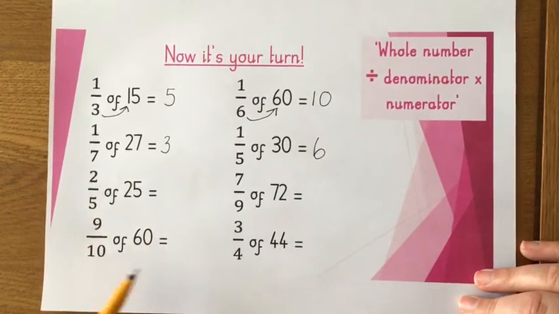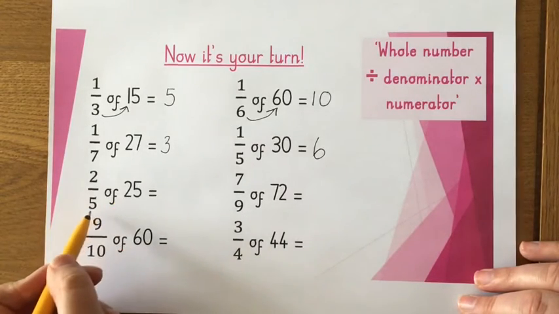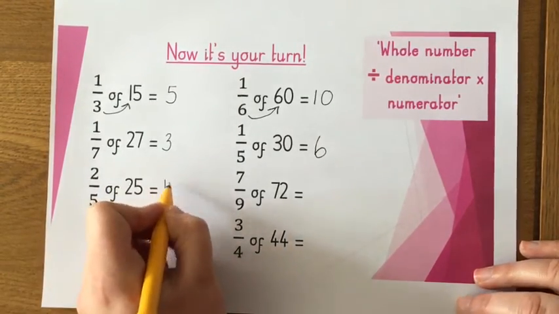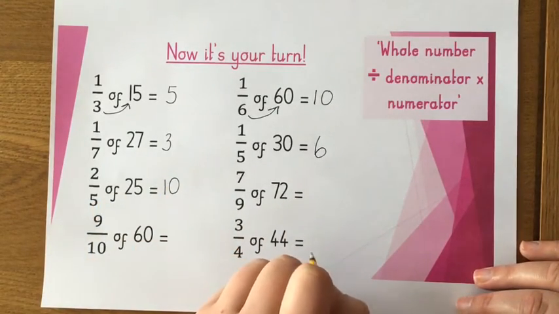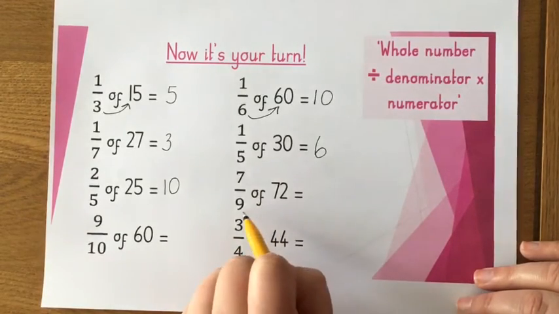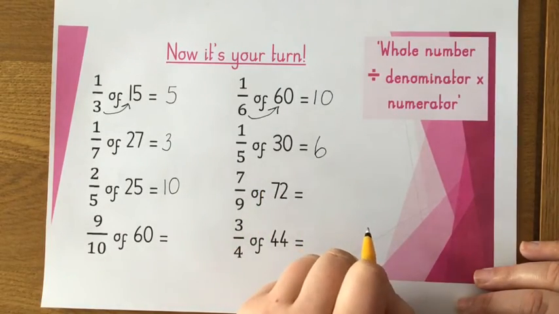Now some non-unit fractions here. So 2/5 of 25. 25 divided by 5 is 5. 5 times the numerator, 2. 5 times 2 is 10. So 2/5 of 25 is 10. 7/9 of 72. 72 divided by 9 is 8. 8 times 7 is 56.